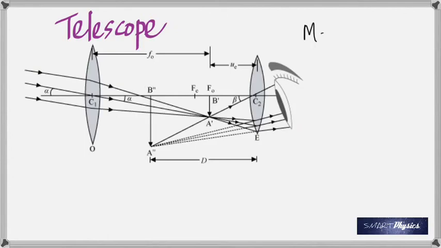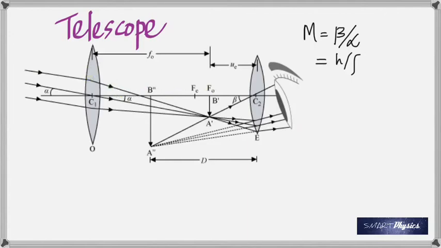There was a reason. Magnification is beta by alpha. The diagram that I picked from here has the angles labeled as beta and alpha. Make sure you understand what those angles are. Beta is the angle that the image makes with the eye. Do you see that? And alpha is the angle made by the object.